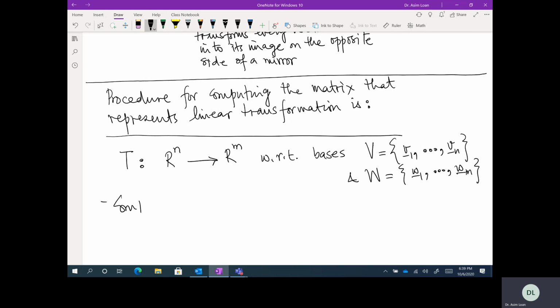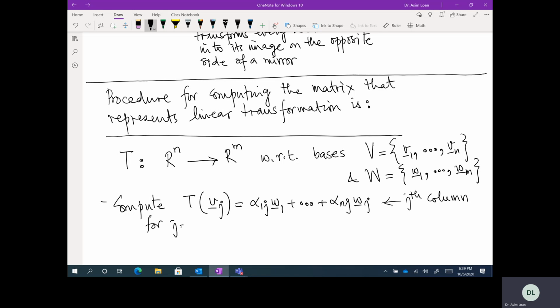We compute T times Vj, which is alpha 1j W1 plus up to alpha mj Wm, and this represents the jth column. We compute this for j equals 1 to n.